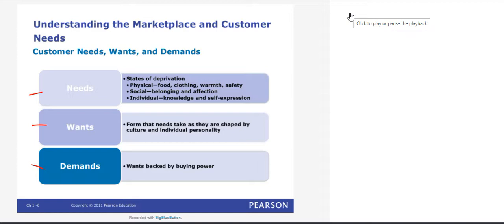Do you know the difference? Can you tell the difference? Anybody? What is the need? No matter what is written here about the definition, you tell me what is the need. What is the need?